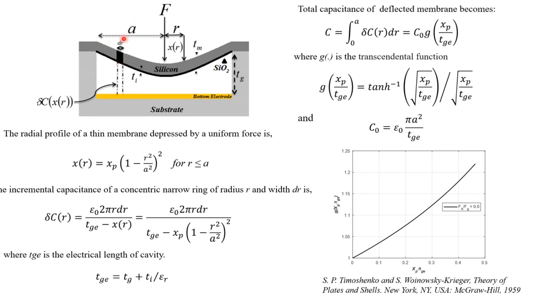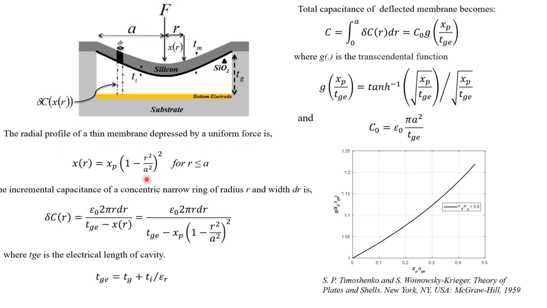That is, the aspect ratio means the ratio of a by Tm is about 80, and the plate is being depressed by a uniform force, and that depression is not so much that the membrane is out of the elastic regime, or that there's a geometric nonlinearity in the material or plate itself. Then you can express the radial profile of a thin membrane depressed by uniform pressure as such.